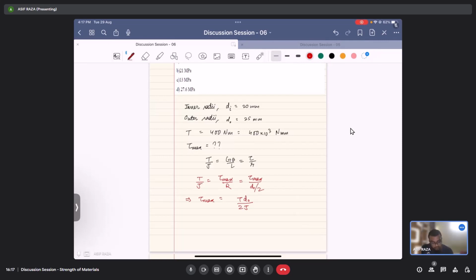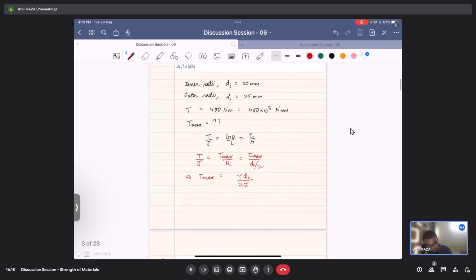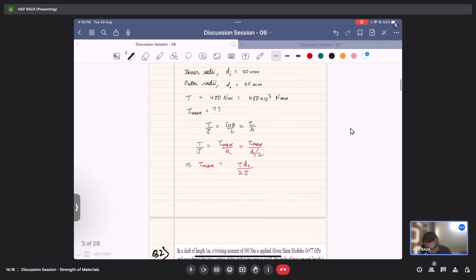J is not given, so we need to find J, that is polar moment of inertia, and that is given by pi into d naught to the power 4 minus di to the power 4, by 32.